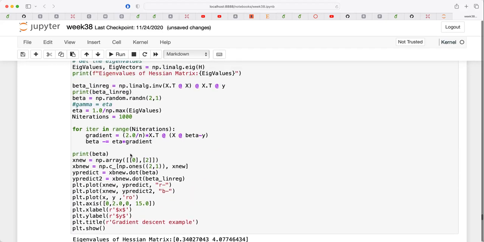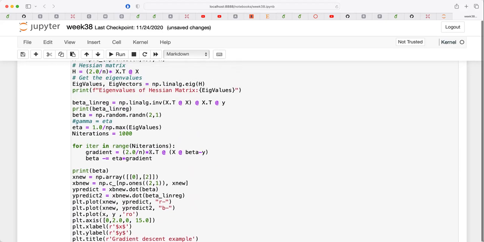Now, note one thing here. Here I have a matrix multiplied with a matrix, multiplied with beta, and I subtract the parameter y. So what does this equation tell you about numerical efficiency and CPU cycles? Any good suggestions?